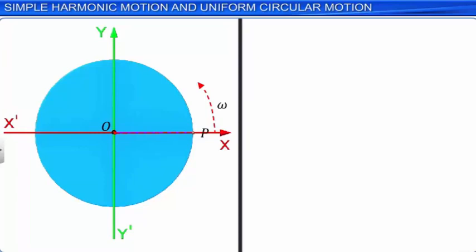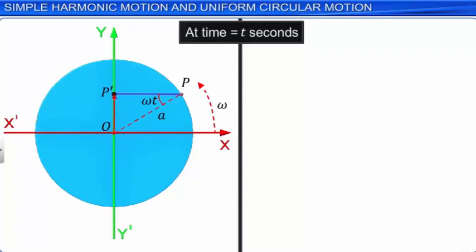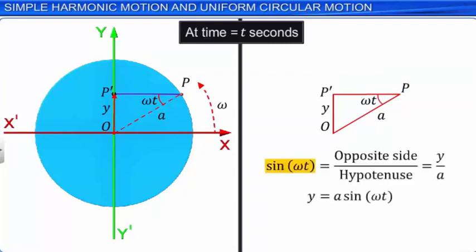The displacement of the projection of the particle y is then obtained using trigonometric ratios of the right-angled triangle thus formed. Sine of the angle omega t is the ratio of opposite sides, which is the displacement of the projection of particle P dash, that is, OP dash, represented as y, to the position vector of the particle OP, whose magnitude is equivalent to the radius a of the reference circle.